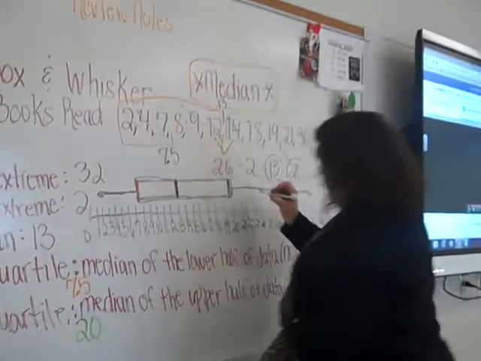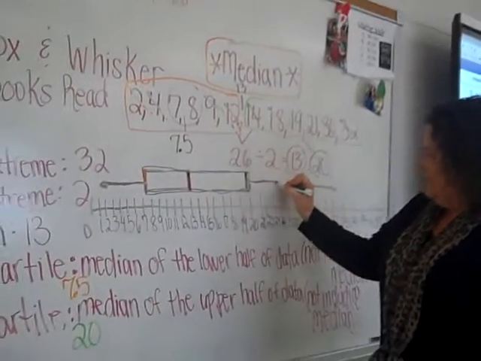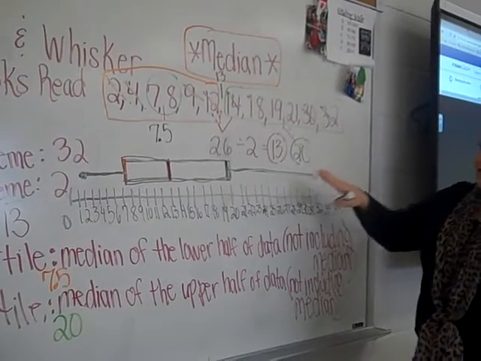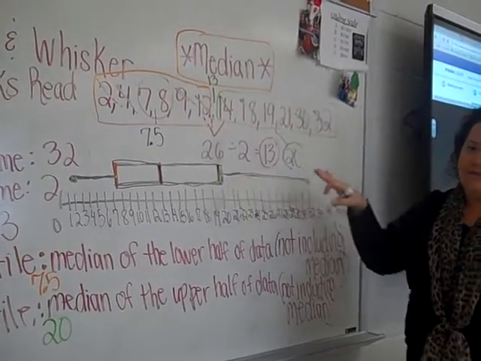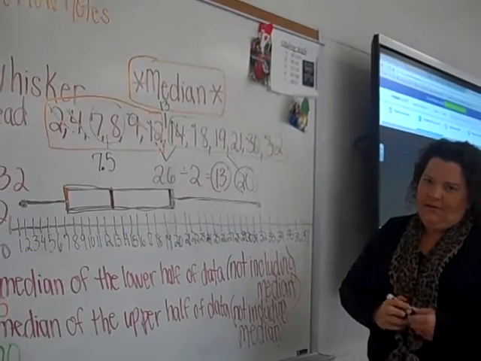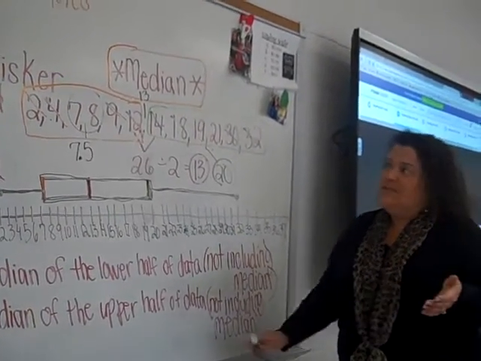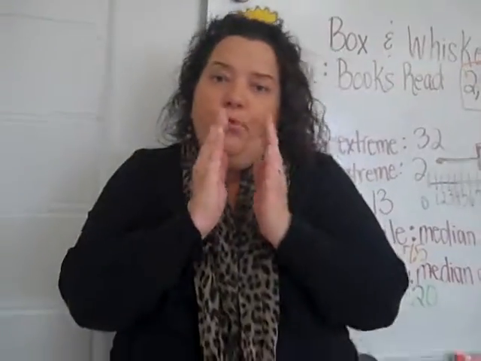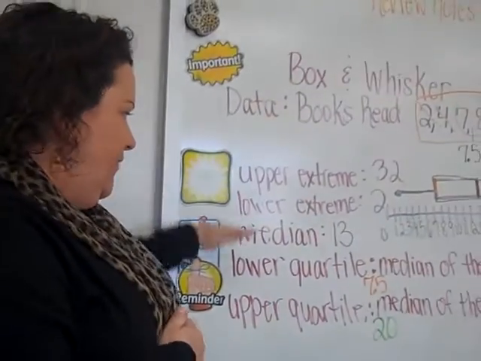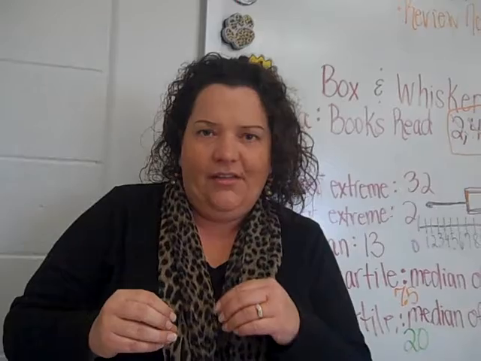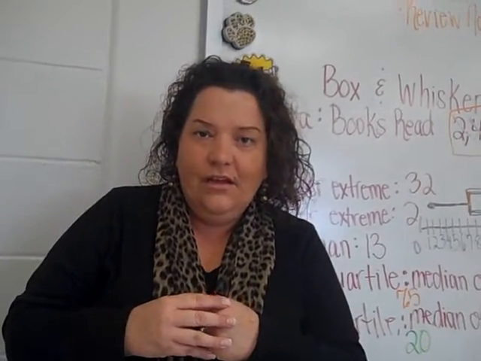And then we would extend a line to our upper extreme, so we'd connect the box with where we labeled the upper extreme. Now students, this box and whisker looks really confusing, but once we find out all this information, it's easier to plot it on the number line. Let's do some more examples together.